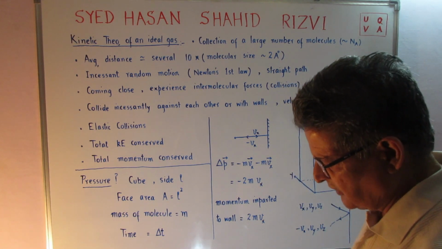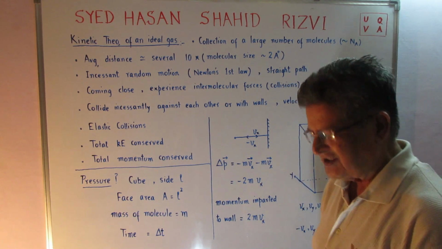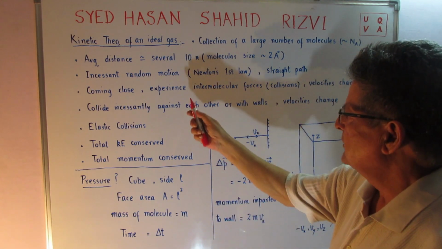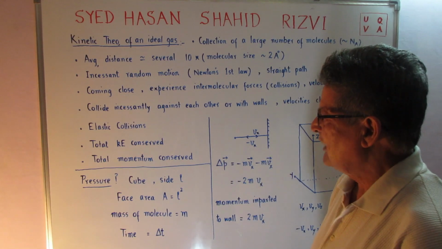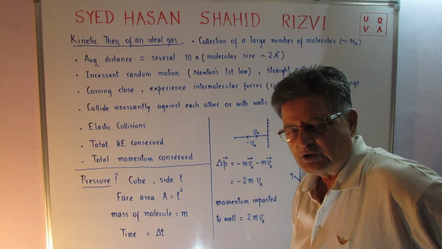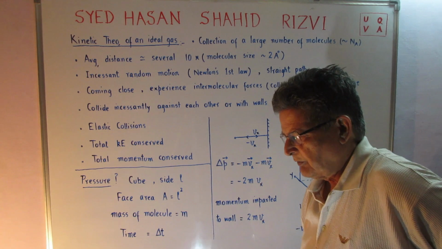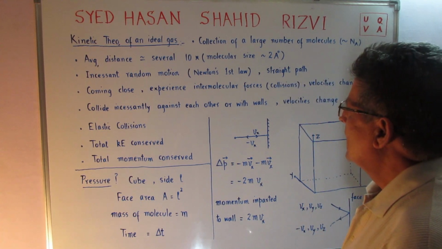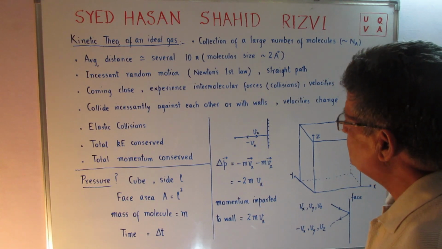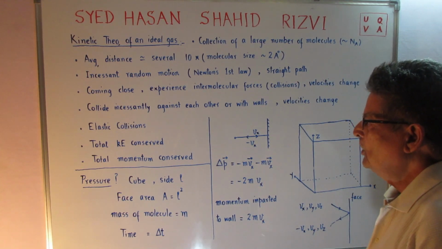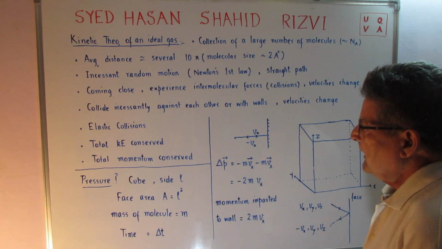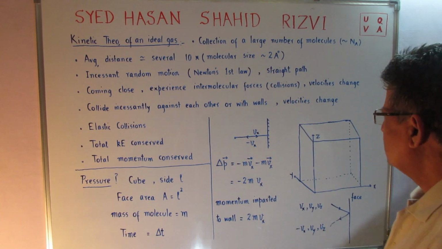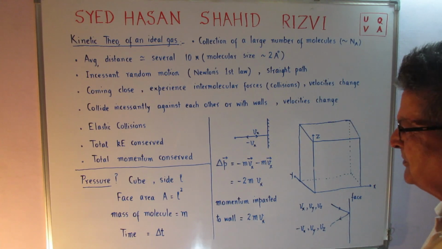But actually, collision means they come in physical contact with each other, but the intermolecular forces don't allow them to come very close to each other, like in the case of a ball colliding with another ball or with the floor, ceiling or walls. So they experience intermolecular forces. As a result, velocities change.